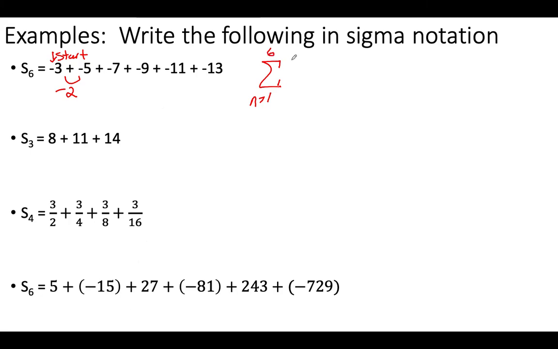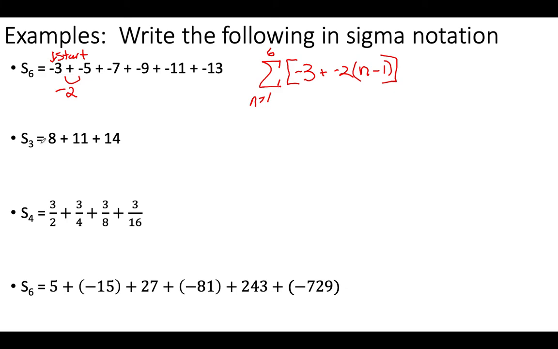And then I'm going to find the rule that generates this. Well, I start at -3, and I'm going to add -2 times n minus 1 each time. This generates the terms here. So again, this is our explicit rule for the sequence: -3, -5, -7, -9, -11, -13.